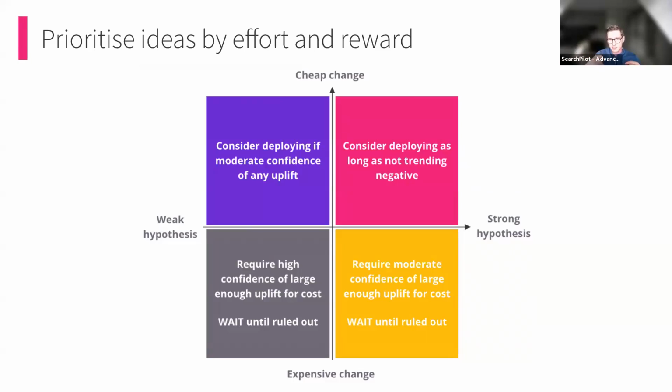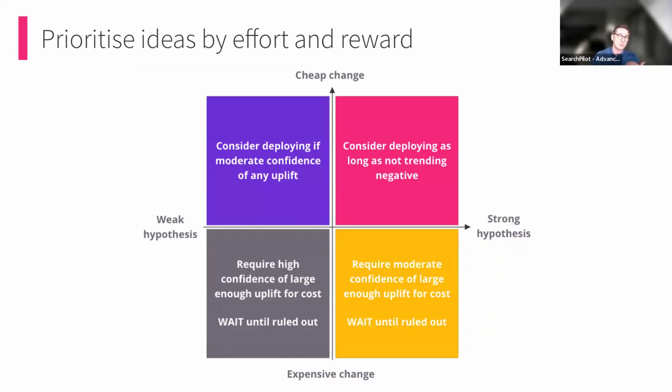Then if we look at the y-axis, we're now looking at how expensive or how resource intensive is this change that you want to make. So on the bottom, we have changes which are very expensive, and at the top, we have things which are very, very cheap to do. An example of a cheap change would be title tags, meta descriptions, anything that doesn't take a lot of work or engineering resources, whereas an expensive change would be something where you have to write a lot of content, or make a bunch of changes to your internal linking, your URL structure, or your main navigation.